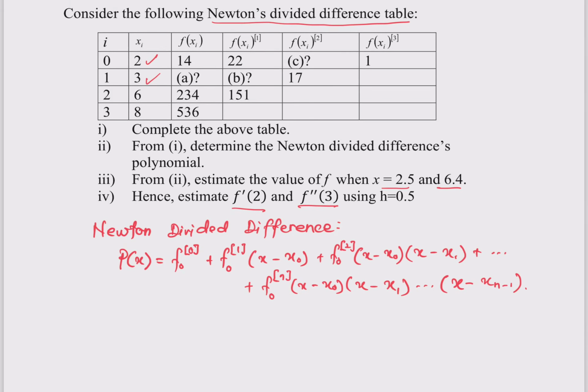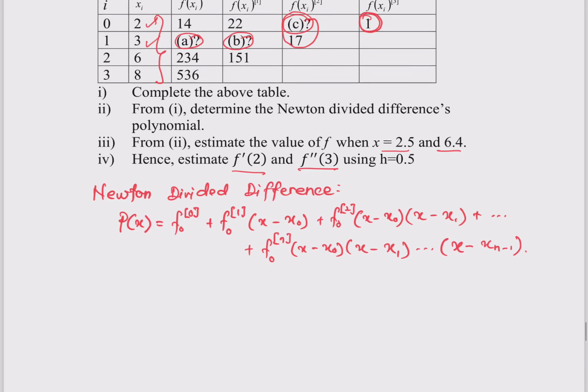So the first question: complete the above table. So meaning that we need to find the value of A here, B here, and C here. The first step, of course, is that this value here comes from these two values, divided by the difference between the x values, x minus 2.